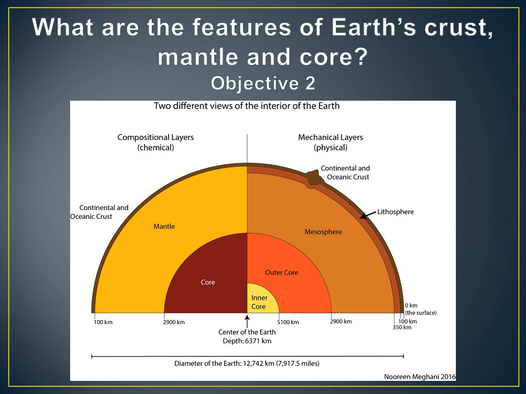And the core, this is the center of the Earth. It's made up of metals and has two different parts: the outer core, which is molten, liquefied metal, and the solid metal center, the inner core. And again, both of these are made up primarily of iron and nickel.